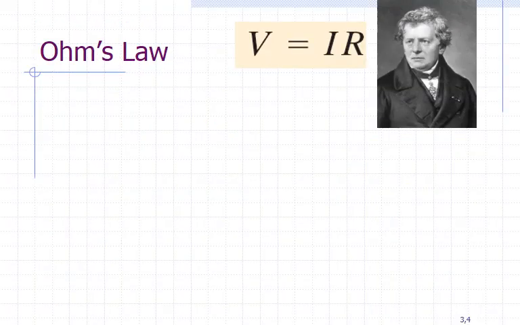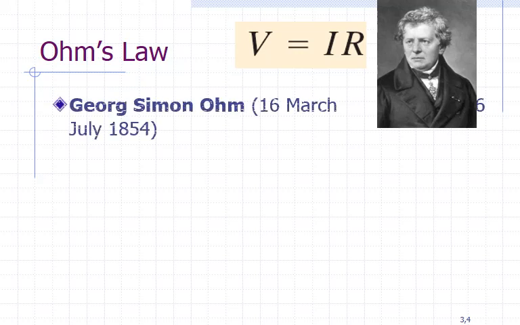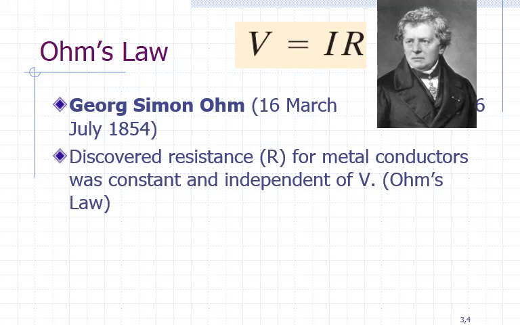All right, so now we get to one of the most important equations within electricity, Ohm's law. This relationship is very critical for our understanding and being able to predict what will happen with circuits, with current, and with voltage. Ohm, back in the 19th century, did some significant work, and he discovered that metal conductors have a certain amount of resistance based on their properties.